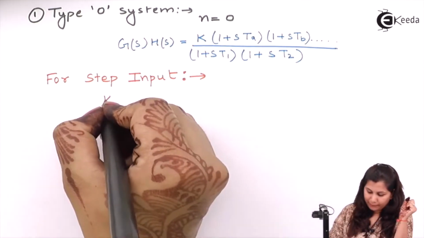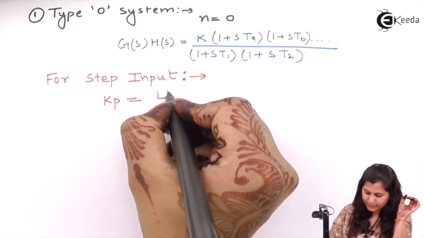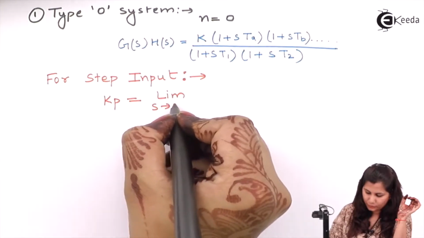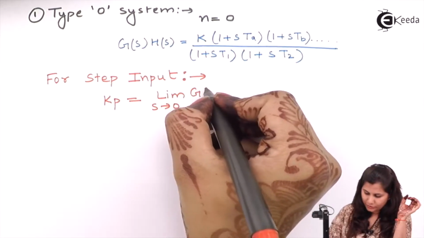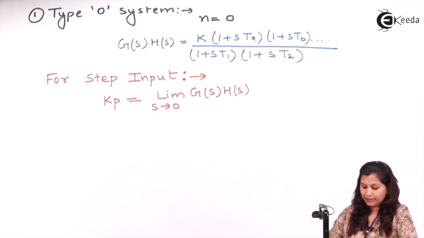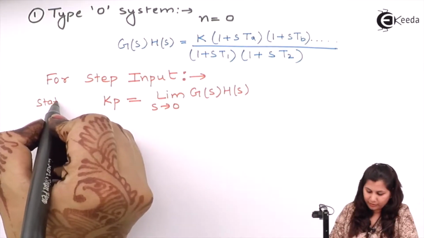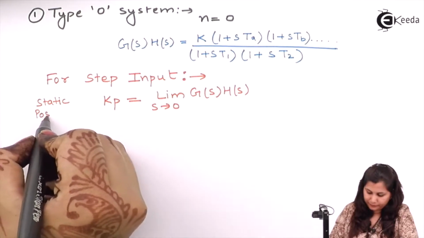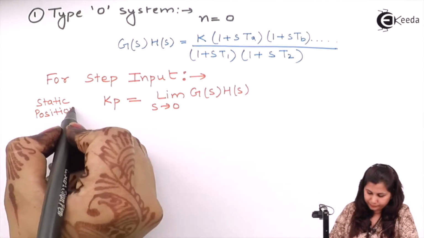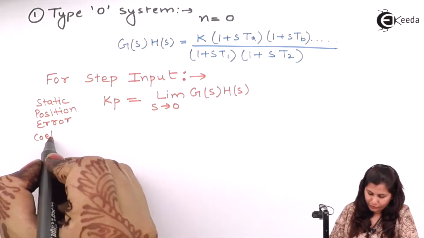So Kp, the position error coefficient, its value is given by limit s tends to 0 of G(s)H(s). Okay, so Kp is equal to this. This is the static position error coefficient.